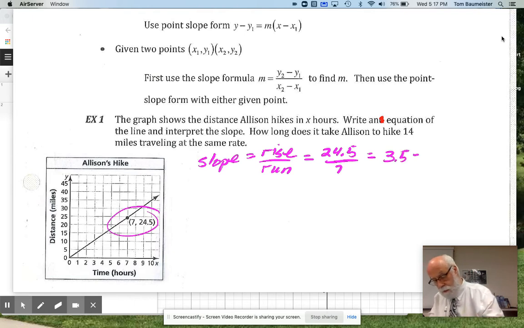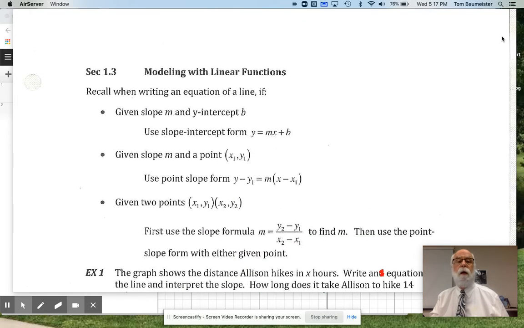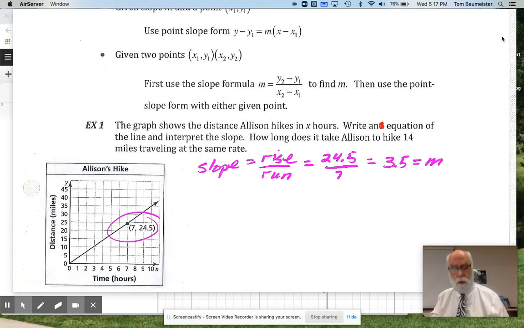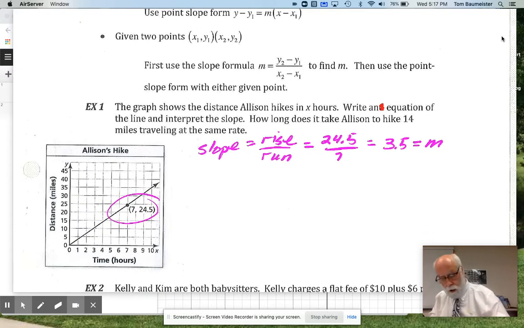And again, that 3.5, our slope, is equal to our m. So up here, it's mx plus b. On this one here, if they give us a graph, you can usually see where the y-intercept is. Our y-intercept is right here, and as you can see, it's 0.